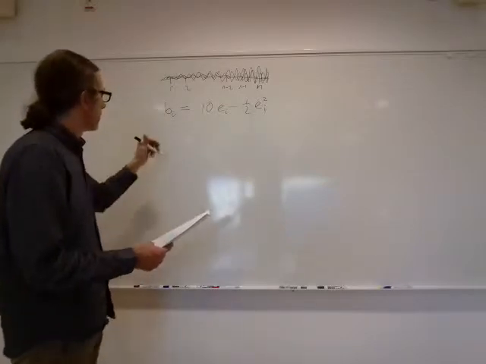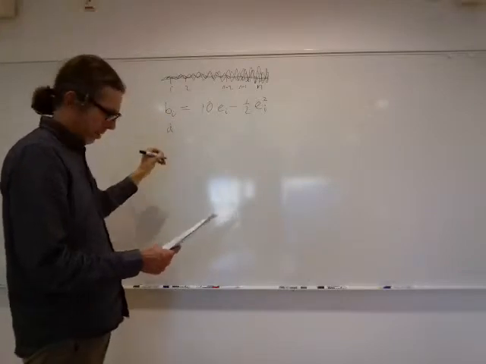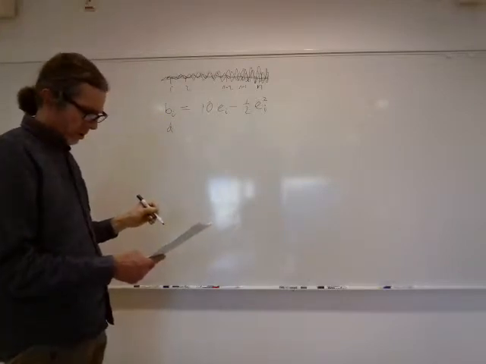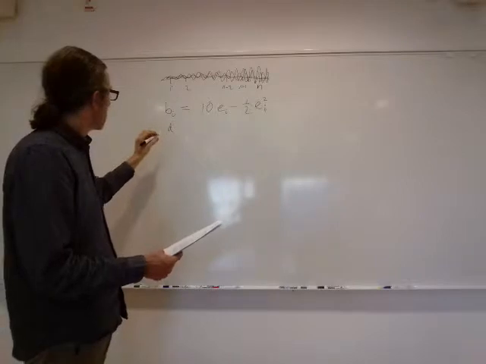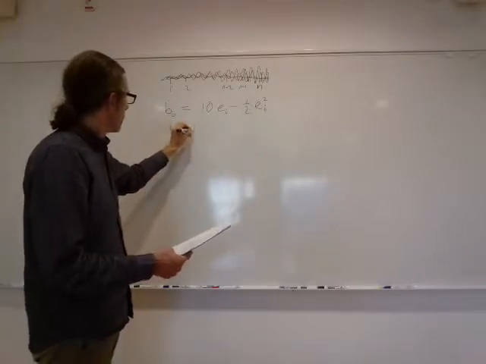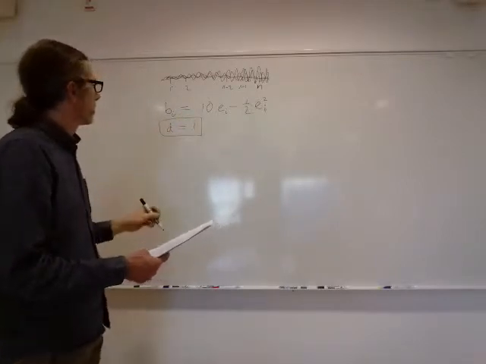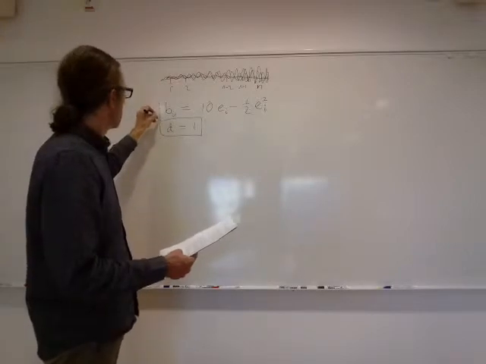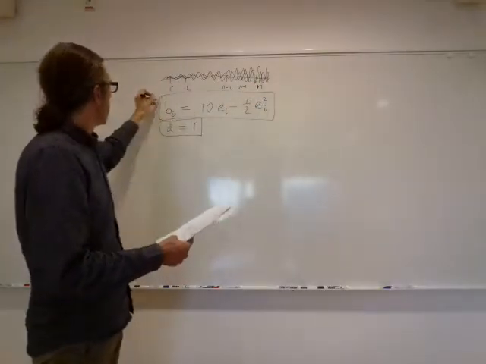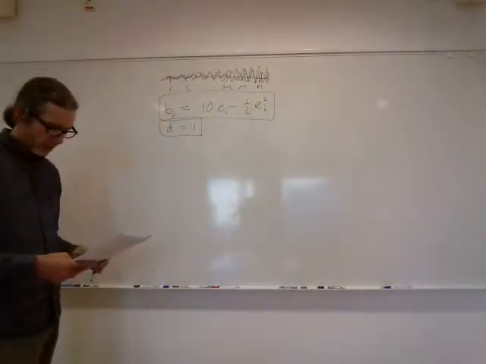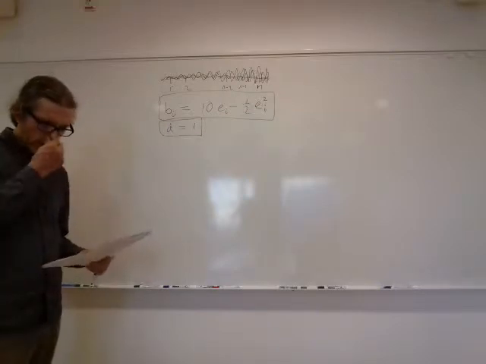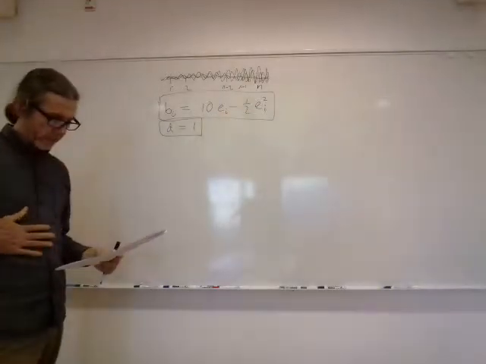Marginal damages are 1. That's marginal damages. But this is total benefits, isn't it? So we need to be a bit careful here. So find the laissez-faire levels of pollution.